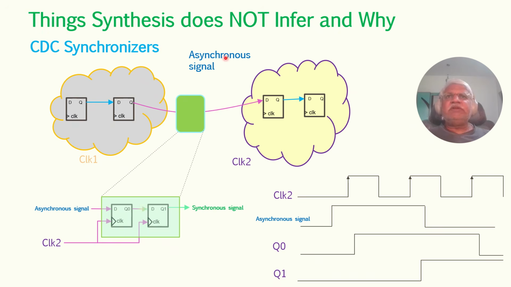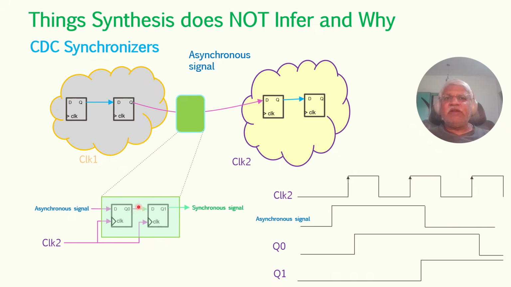As I was mentioning, this asynchronous signal, when it comes here, needs to be synchronized before it is fed to another clock domain. So this is the inbuilt internals of the synchronizer. Here, this asynchronous signal is fed through the first flop.